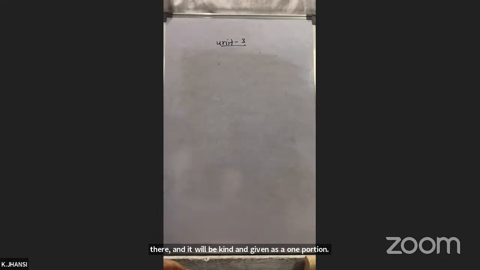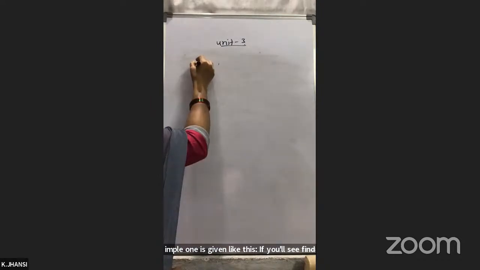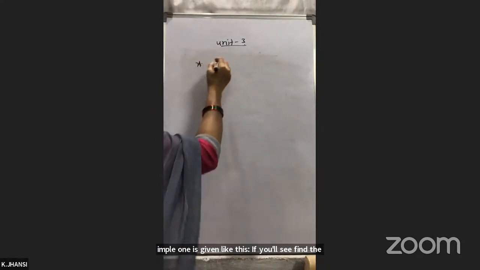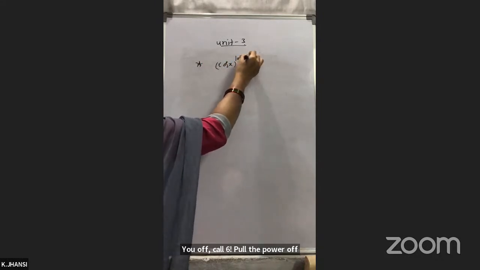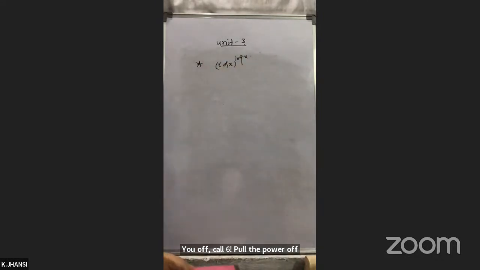If a simple one is given, like this: find the derivative of cos x to the power of log x. It is in the form of x to the power of x.